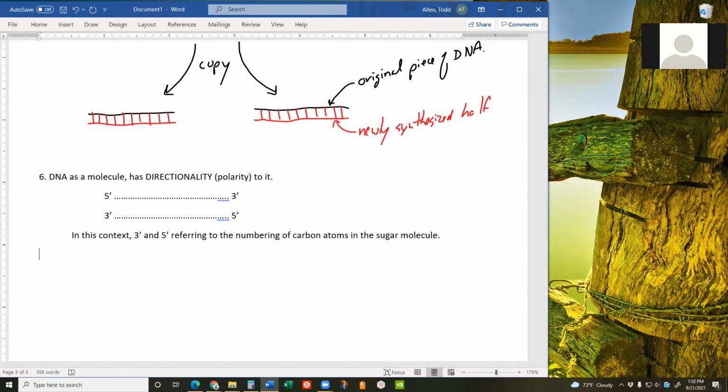Let me put another talking point up here in your notes. This will be letter A underneath 6.